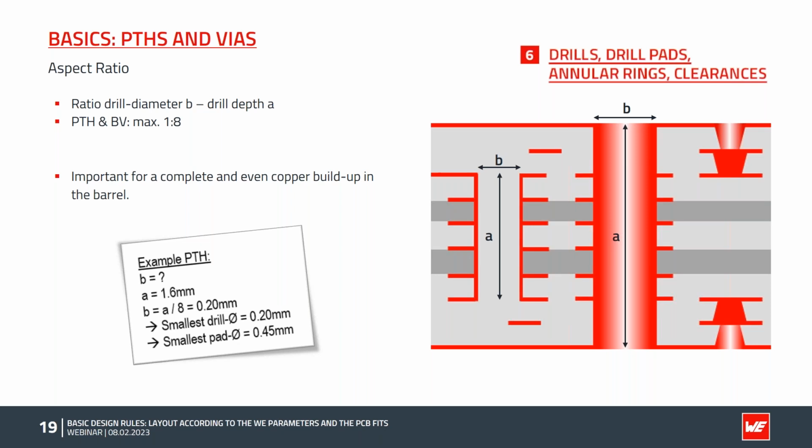According to the aspect ratio, the smallest drill diameter could be 0.2 millimeter, and for the smallest pad, according to the table in the basic design rules, we get 0.45 millimeter for the smallest pad diameter. So this is the importance of the aspect ratio value.